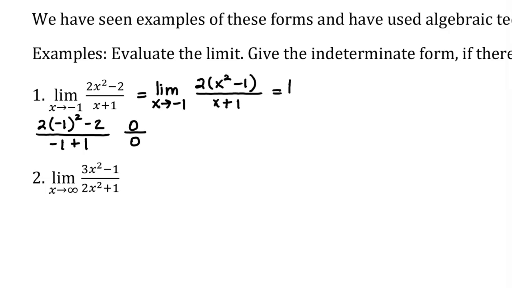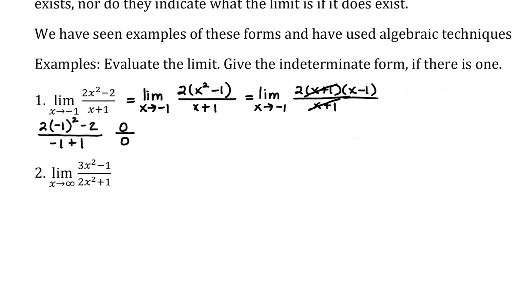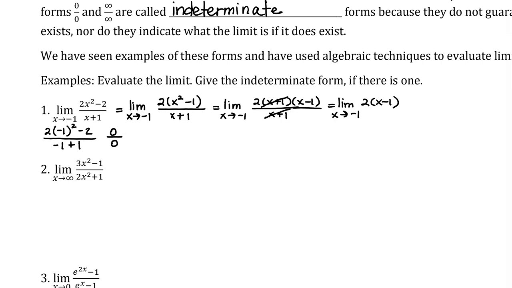And then I can factor the quadratic that's in the numerator. And once we factor that quadratic, we can see that we do have a common factor of x plus 1 that we are able to cancel out. And we are left with an expression that now we can evaluate using direct substitution to get our final answer of negative 4.